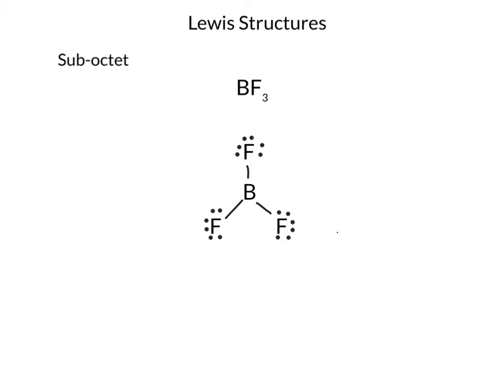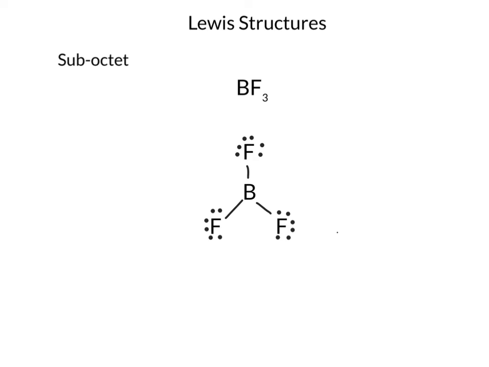When we were looking at the coordinate covalent bond situation with sulfur dioxide, we said, well, we could just have one atom give up an extra pair of electrons in order to make this work out. The problem is that fluorine is a very, very electronegative element, and boron is a very low electronegativity element.